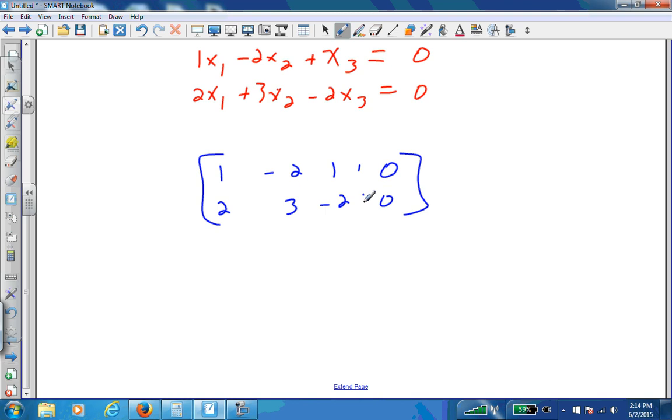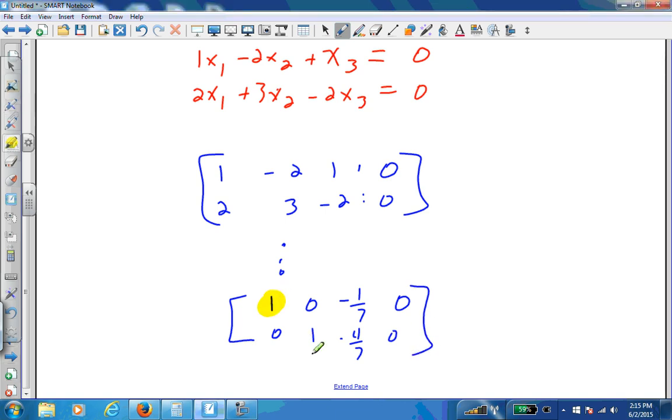We'll later see another way to solve this system. Once we reduce this down, we would get 1, 0, -1/7, 0, 0, 1, -4/7, 0.